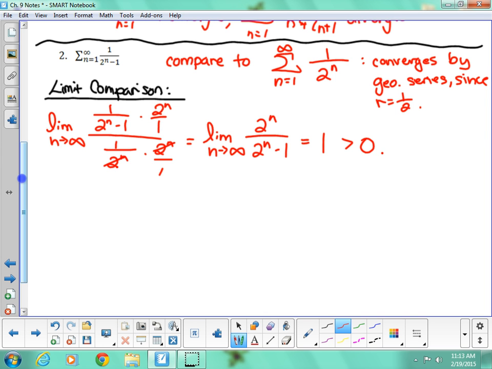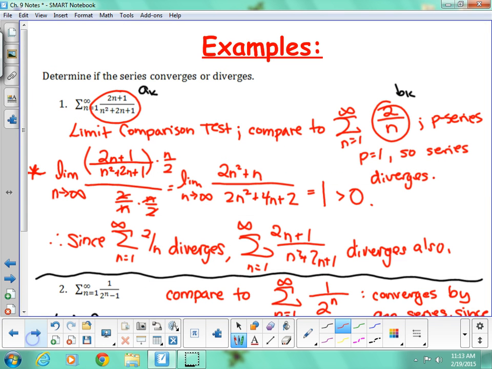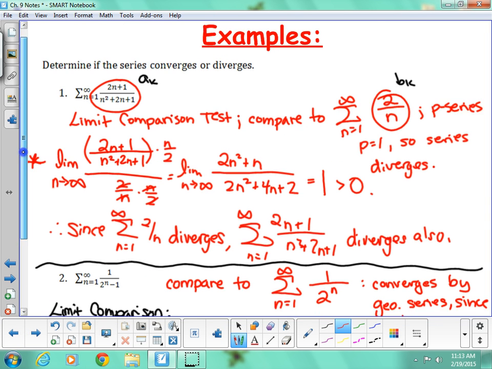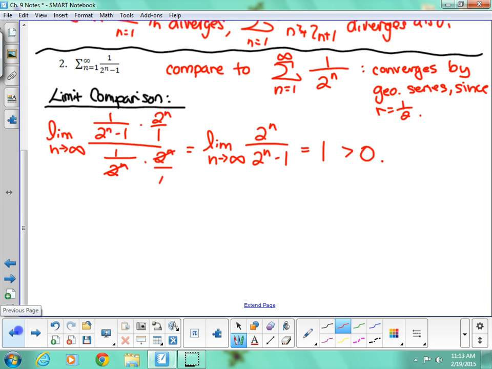We like it when it's a positive number because what does limit comparison test say? As long as limit is a positive, whatever one does, the other does. So, what's this series doing, guys? Got it. Since their limit was 1. So, picking might be picking something close, but it might also, with this one, it might just be thinking about the limits and saying, I really like it when it's positive.